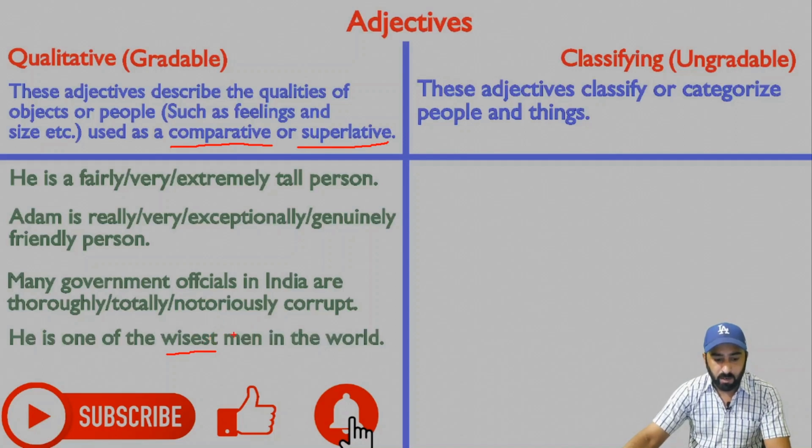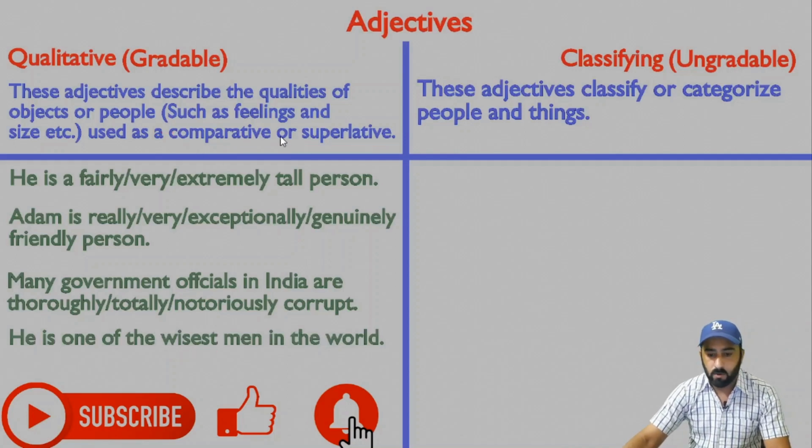Okay, and man is simply a noun. So he is one of the wisest men. So we have used wise as a gradable adjective, because we have used this superlative form. Okay, I think from these four examples you have got a better idea of what qualitative adjectives are.